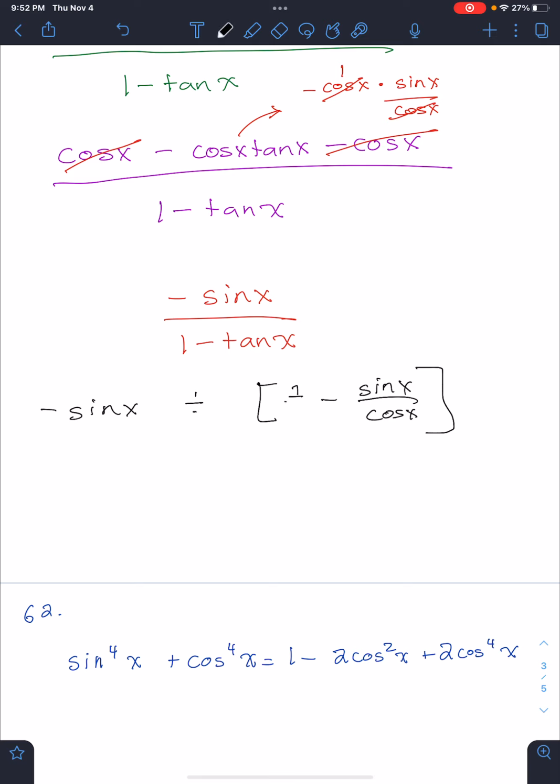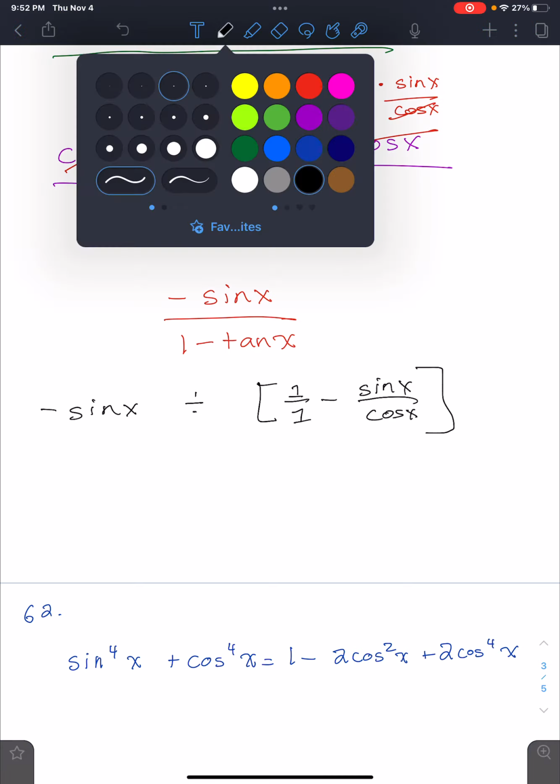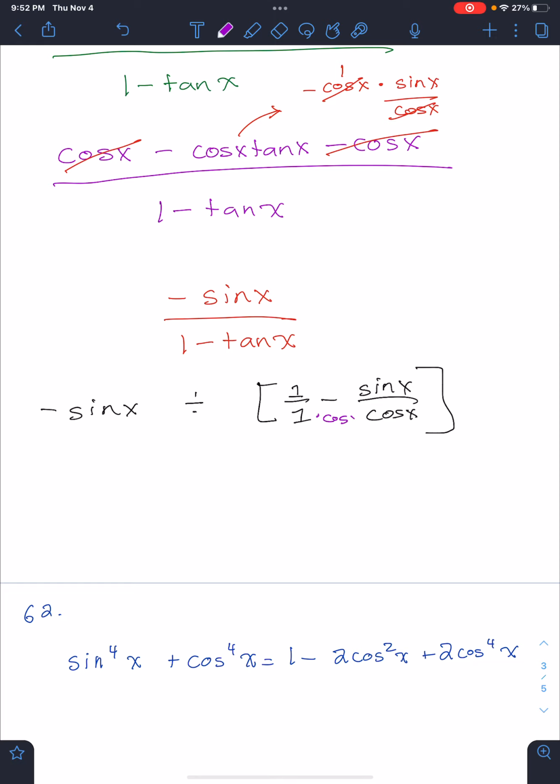So this is 1 over 1. We're going to multiply this by cosine, multiply this by cosine, and we're going to get negative sine of x divided by cosine of x minus sine of x over cosine of x.